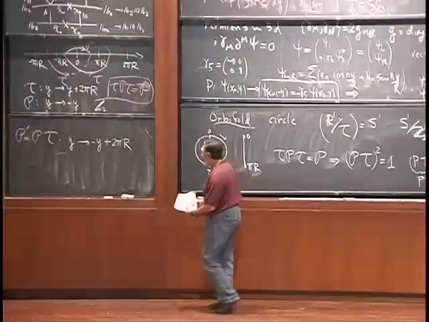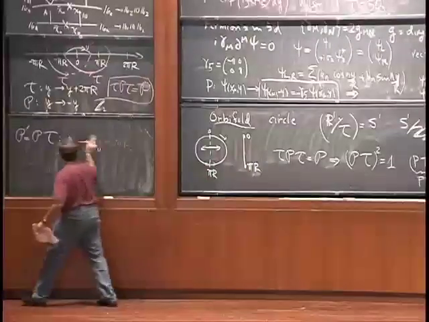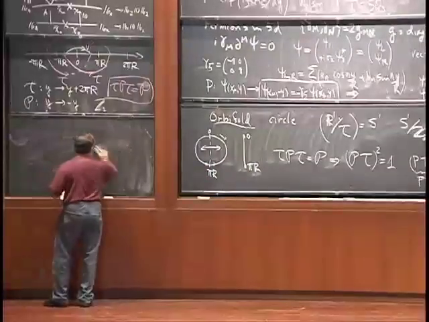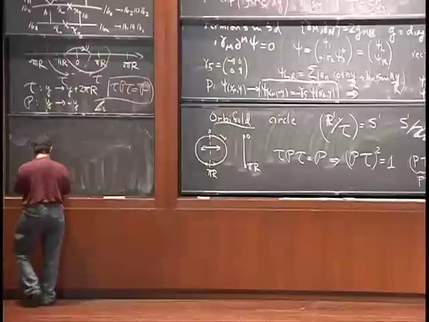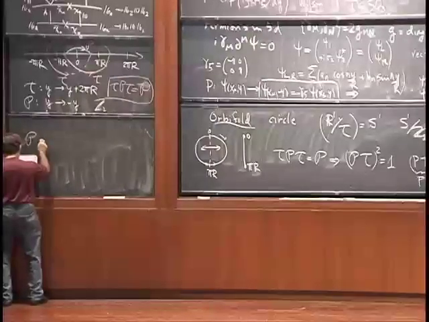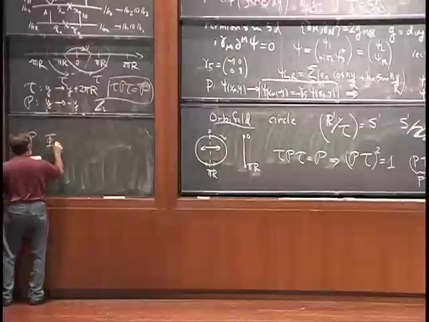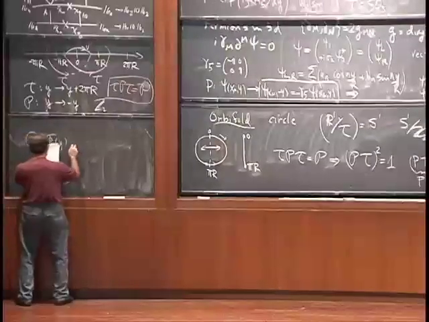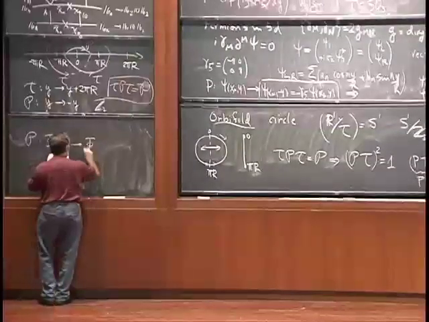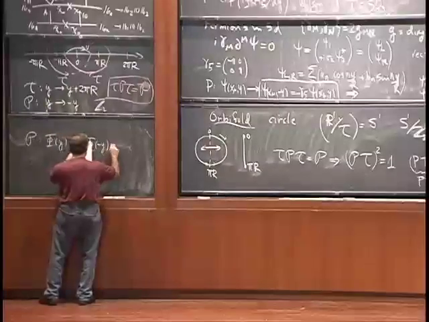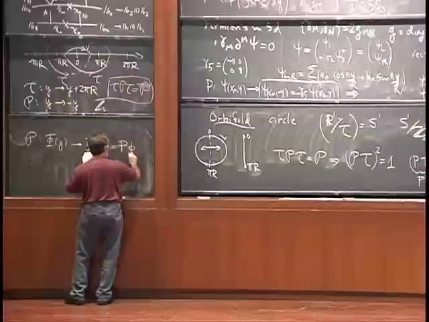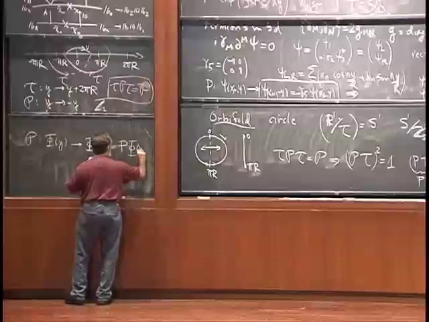Okay, so we're going to take our fields now and assume that they have the following parity operations. Parity acting on phi, and I'll just write down the y component of the field, takes us into phi of minus y, which is equal to p phi of y, where p can be plus or minus 1.